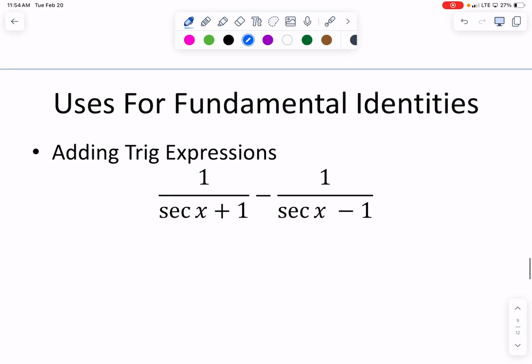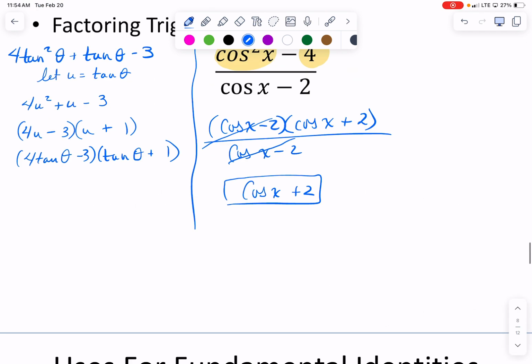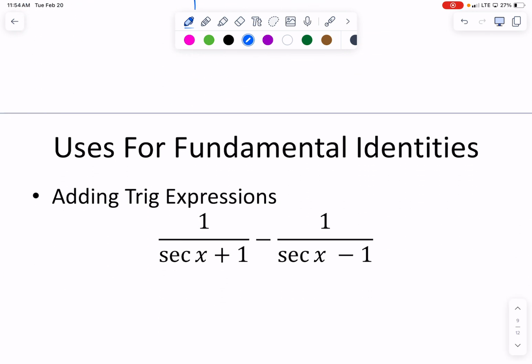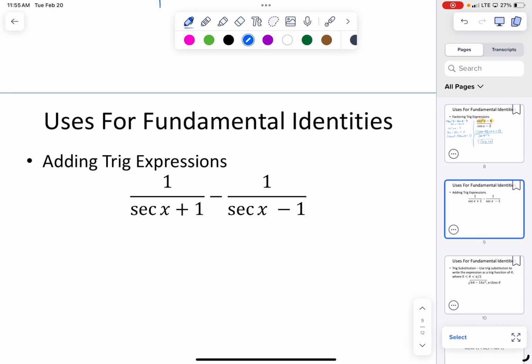Something that we sometimes have to do is add fractions. You skipped over an example. We did? Yeah, simplify the expression, cosine cubed of x. Whoops, you're right, I did. Let me see if I got it somewhere else. Sine squared x. Okay, that works.